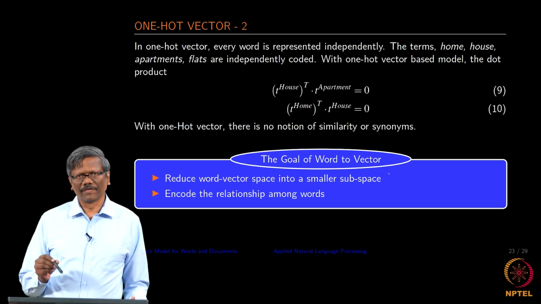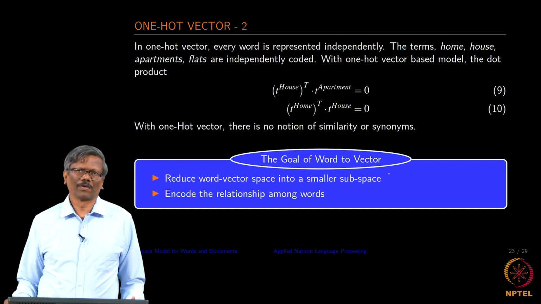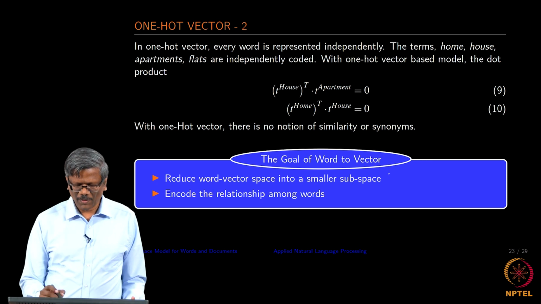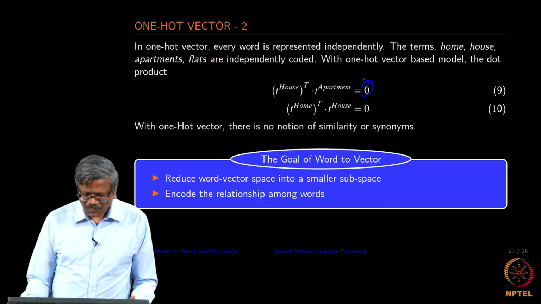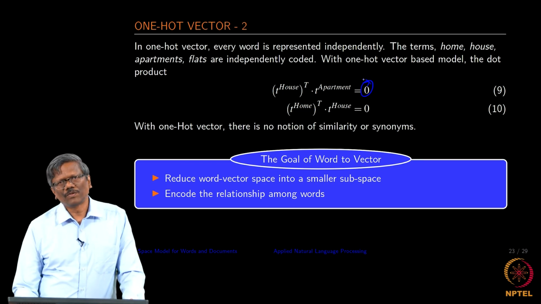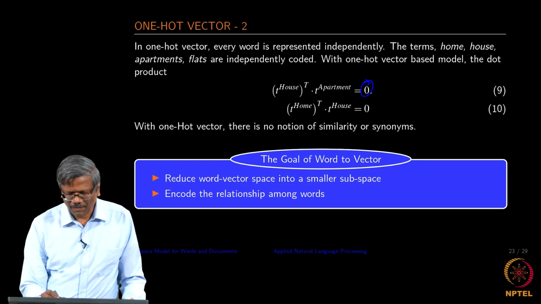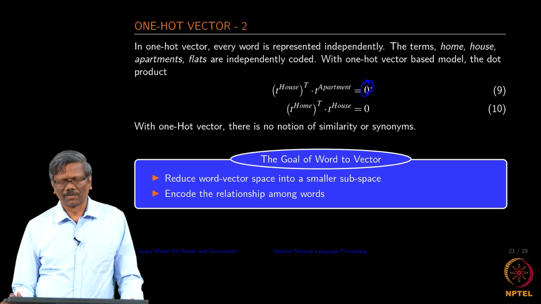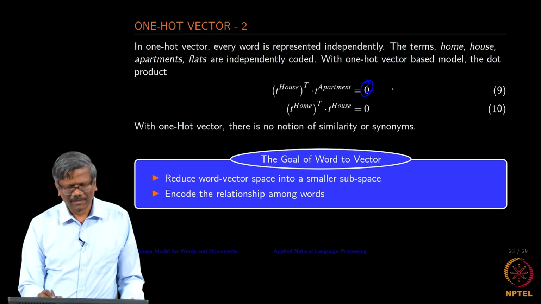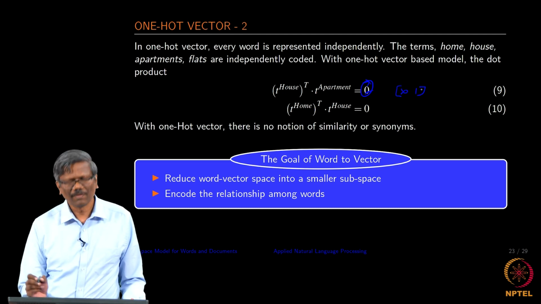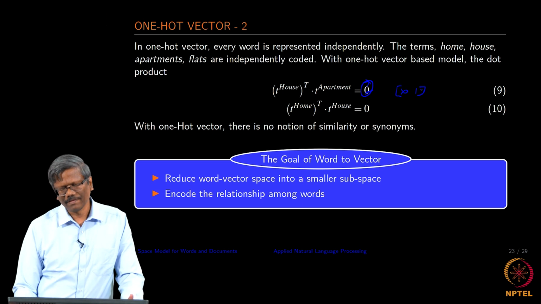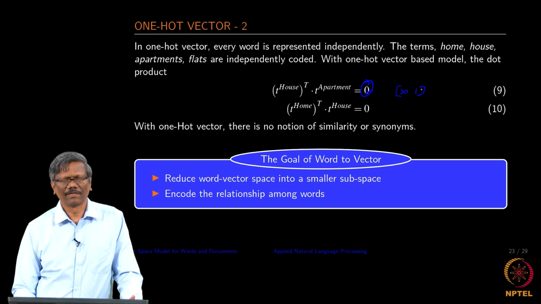When you do a dot product, what you get is a 0 here. When two vectors are similar, the value will not be equal to 0, it will be somewhere between 0 and 1, greater than 0.